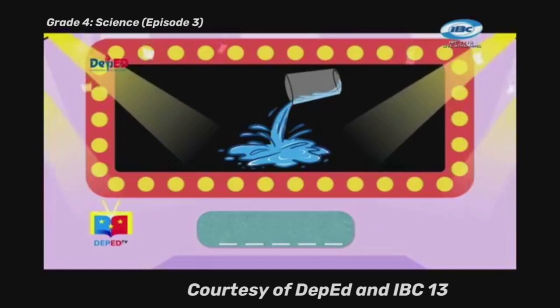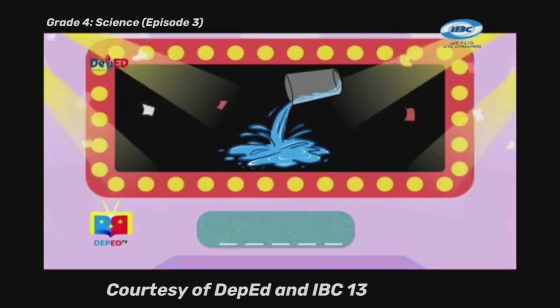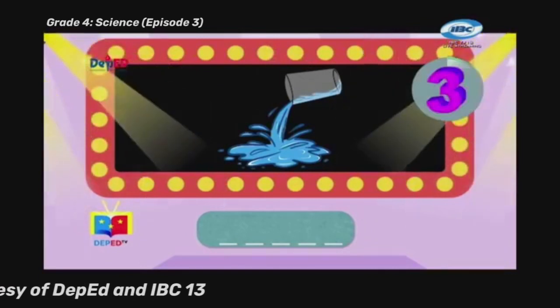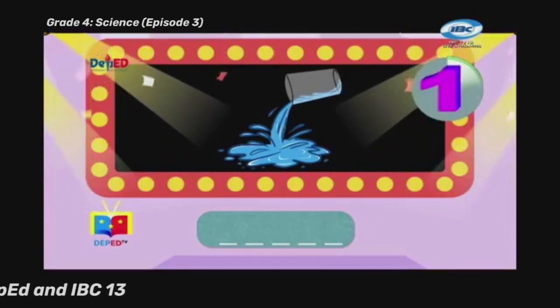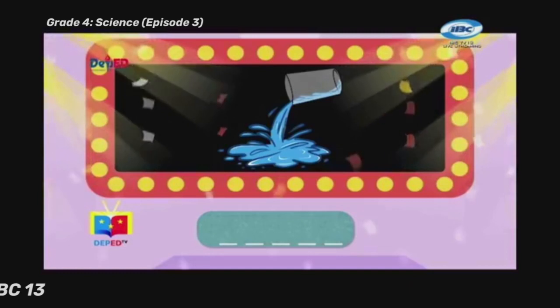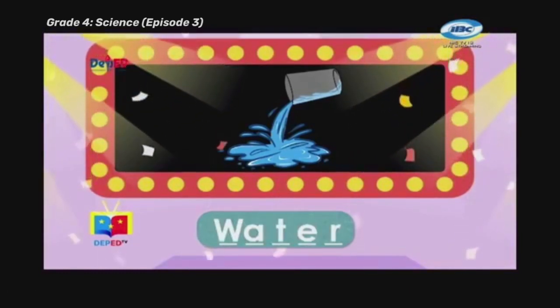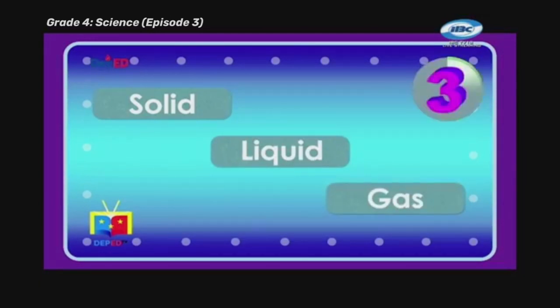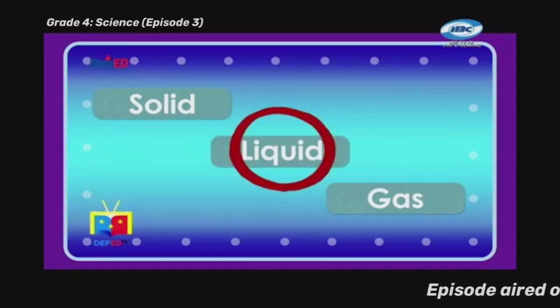What is this object? We drink this when we are thirsty. The answer is water. Is water solid, liquid, or gas? Water is liquid.